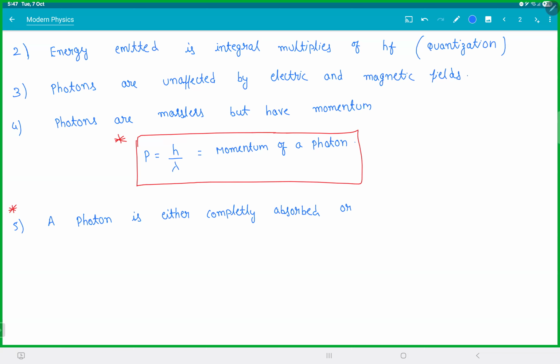You can't say, I'll take half the energy and leave the remaining. That doesn't work with a photon. And it can be absorbed only by one particle. Two particles cannot share one photon. So one photon can be taken only by one particle.